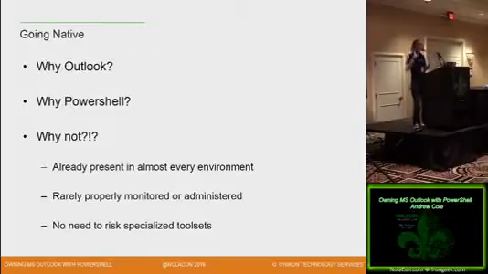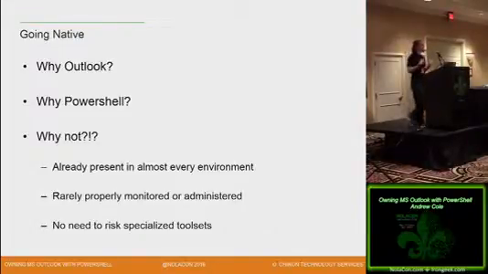Lastly, how many red teamers or pen testers do I have in the room? Couple? So everyone has their own custom tools, and the great thing about your custom tools is that there's no signatures for them, so it's awesome, but that only happens until someone signatures your tool, then there's signatures for it, and you're kind of hosed. So why would you use your custom tool set unless you absolutely have to? If there's something already on the box that's there by default, why don't we just use that instead?